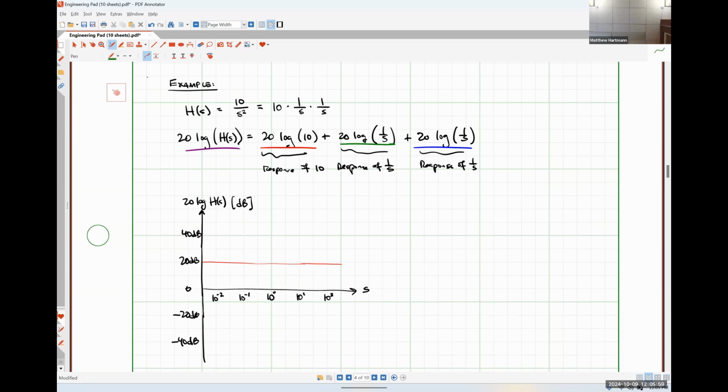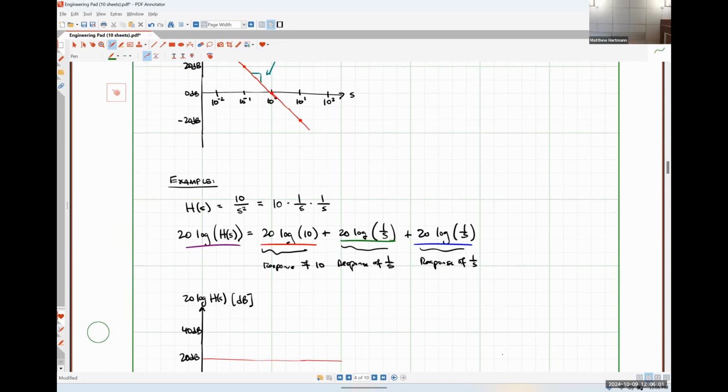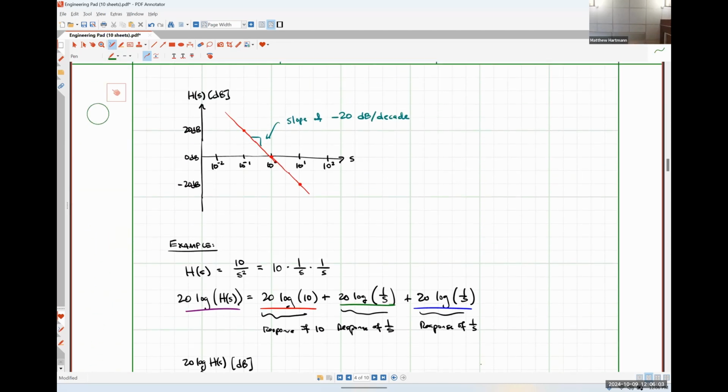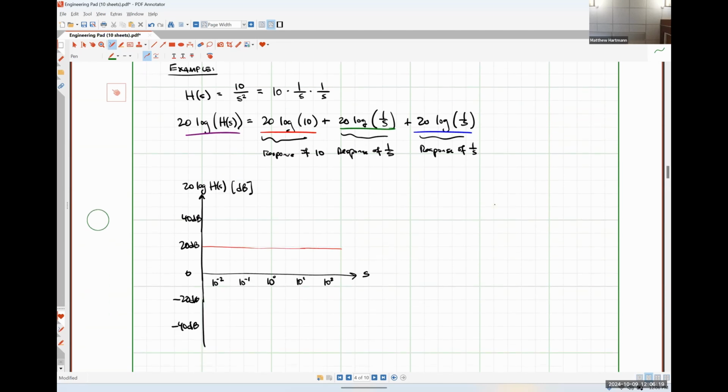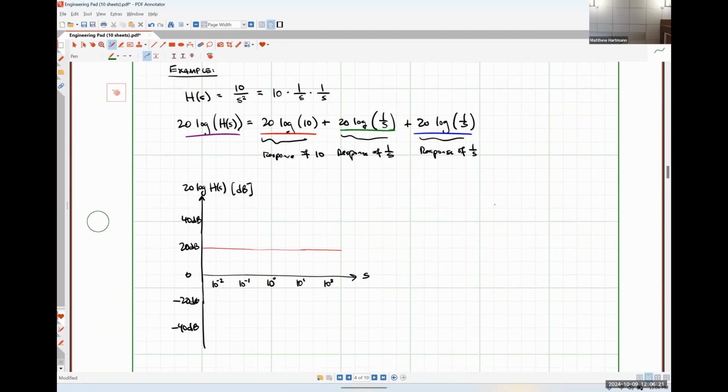Our 1 over S curves or lines here, notice that's all that we have right here. So I'm going to have a line that has a slope of negative 20 decibels per decade, and it's going to pass through the x-axis at S equal to 1, or 10 to the 0.